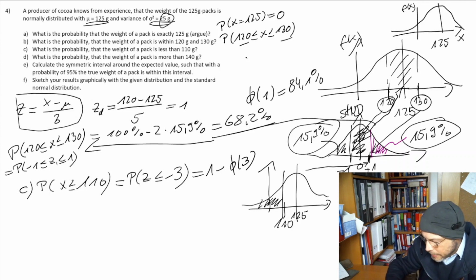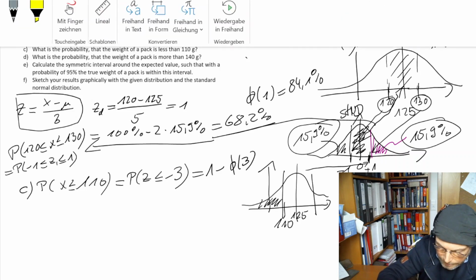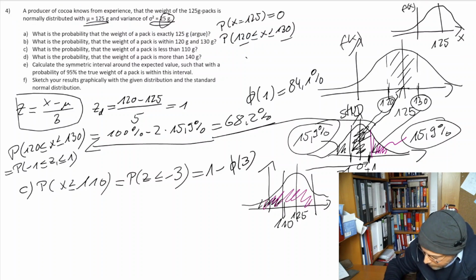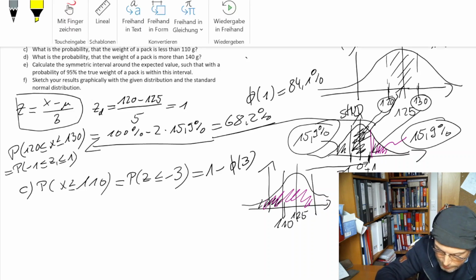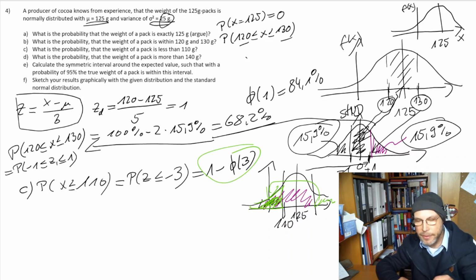And now we can look up this value here. Then we know that 1 minus the purple area is equal to the area which we are interested in, and therefore 1 minus phi of 3.